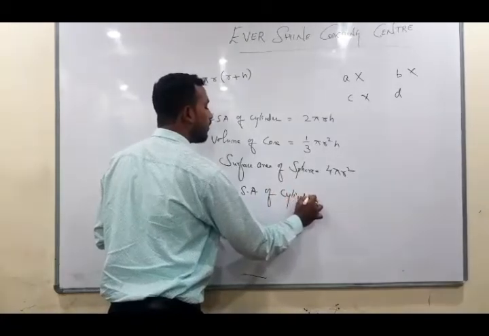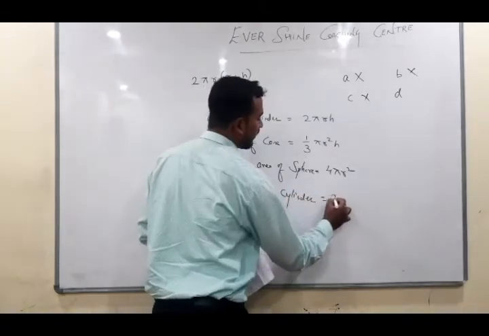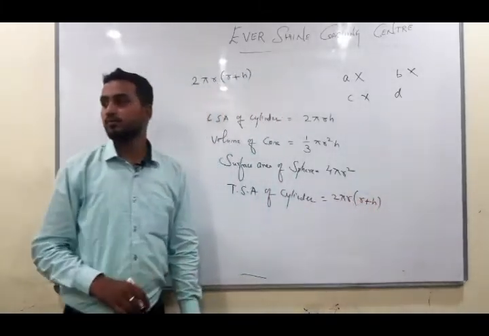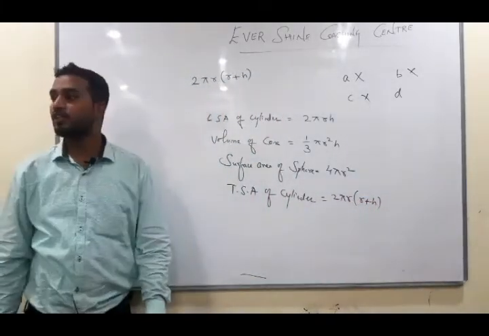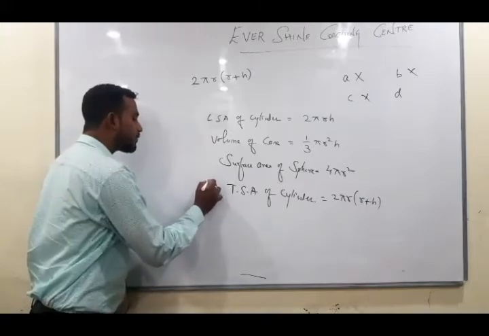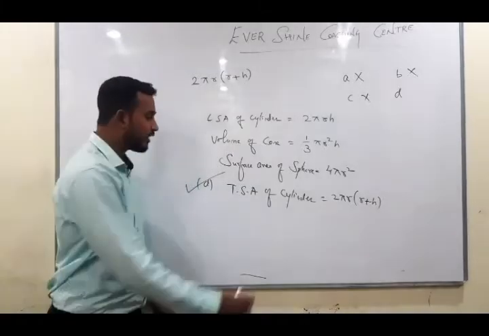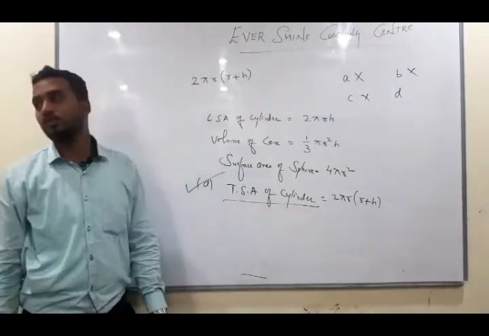We know that total surface area of the cylinder is 2 pi r into r plus h. Is this 2 pi r into r plus h? Yes. It means option D, 2 pi r into r plus h, that is nothing but total surface area of the cylinder, is the right answer.